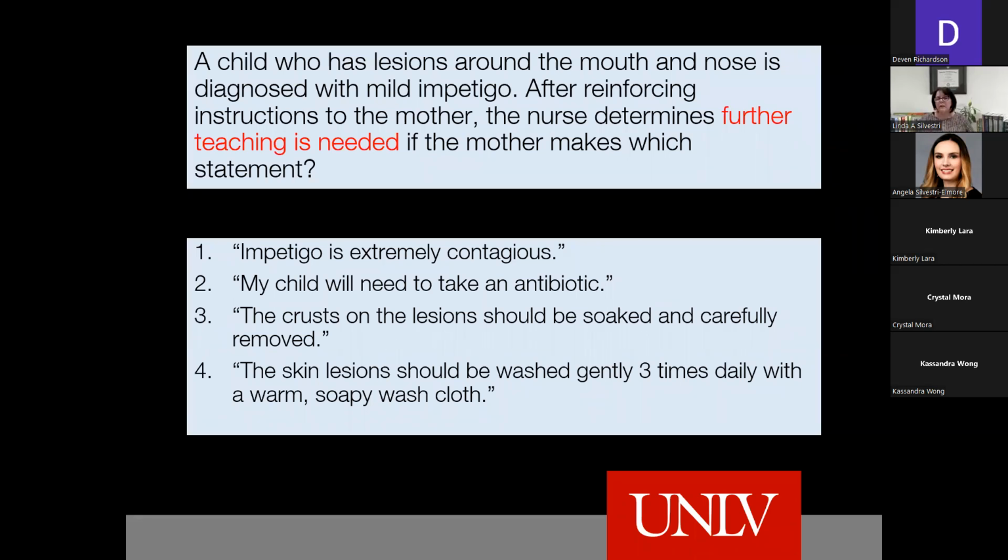What's used for treatment is topical, unless some secondary infection is systemically affecting the child, then perhaps an oral antibiotic might be prescribed. Yeah, that's good. That is a really hard question.